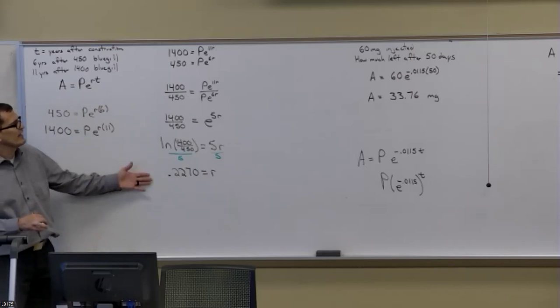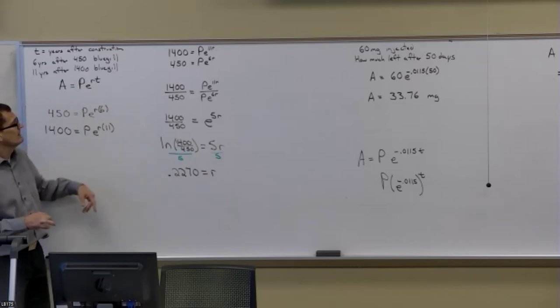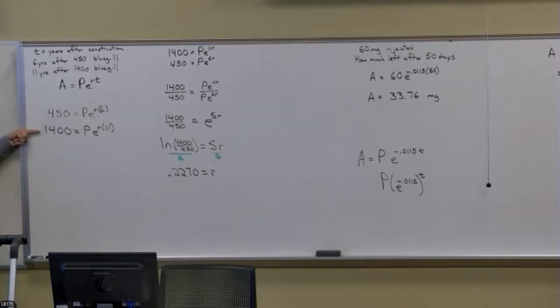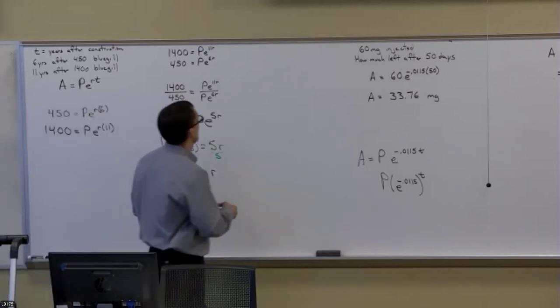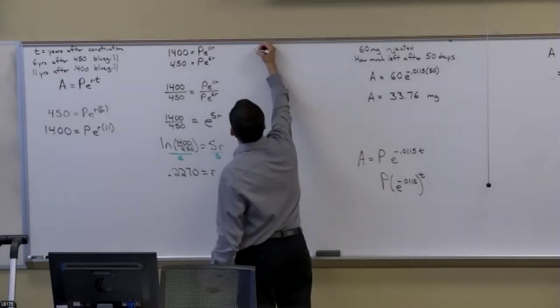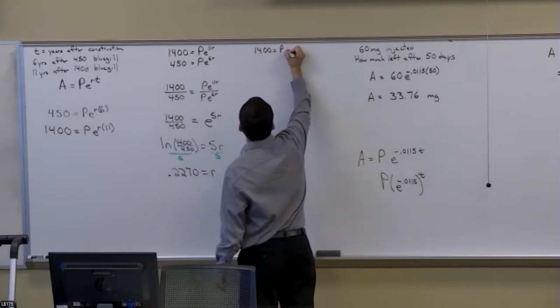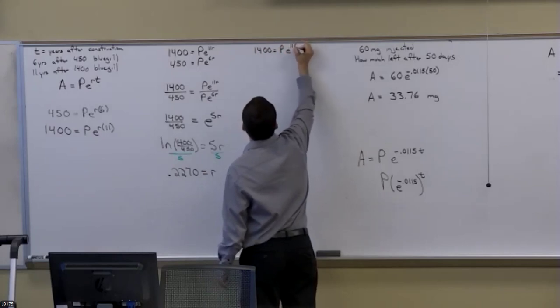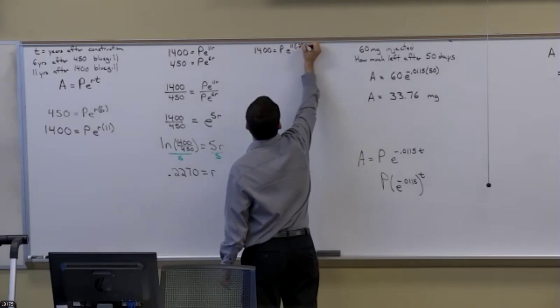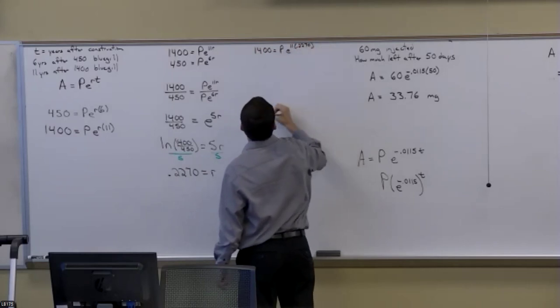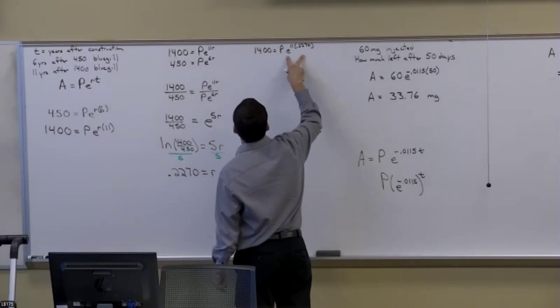Once we know the rate, now we can use either of these initial problems to solve for the starting amount. Okay. I'll use the second. I'll say 1400 was equal to P e to the 11 times 0.2270. This is just a number.